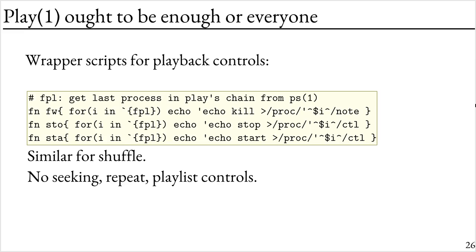Very similar, we can just wrap the play script to shuffle its arguments for shuffle play. But of course, with this approach, there's no seeking, repeat, or playlist controls. But I thought it was significant enough to showcase because of how simple it is, since it is a very small RC script.